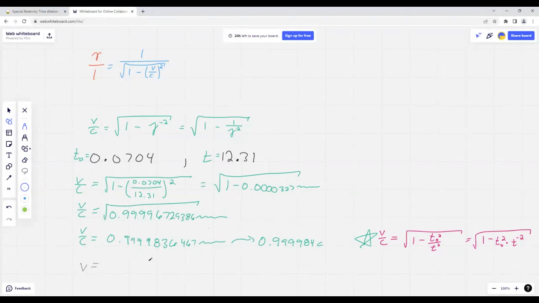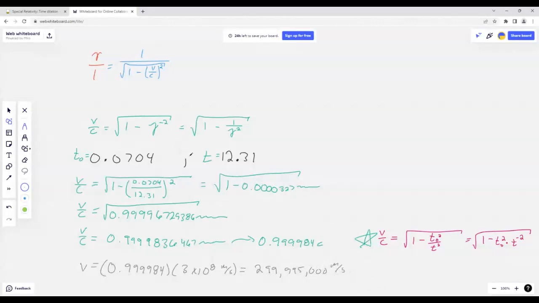And so we would take the 0.99984 and multiply it by 3 times 10 to the 8 meters per second. And then that's going to give us about 299,995,000 meters per second.